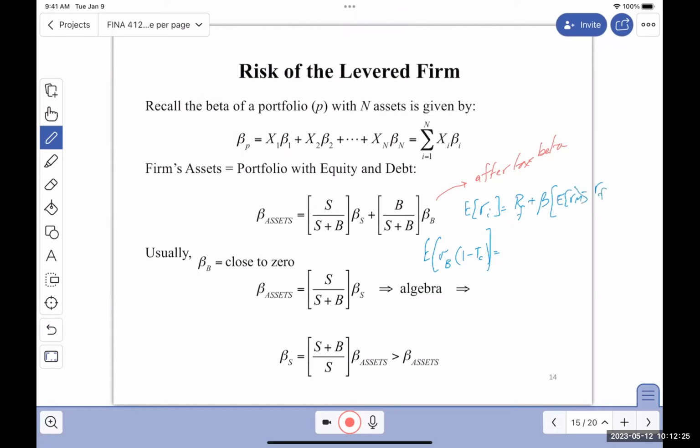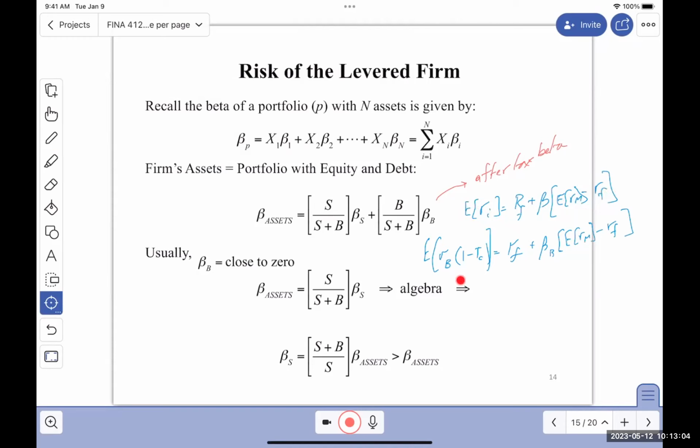So we expect the return after tax, the return on that, to equal the market risk-free rate. Okay, let me finish this. So this is the capital asset pricing model right here. Is everybody okay with that? That's the line the SML makes.